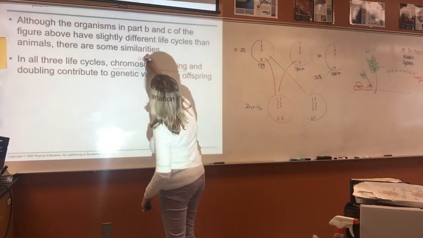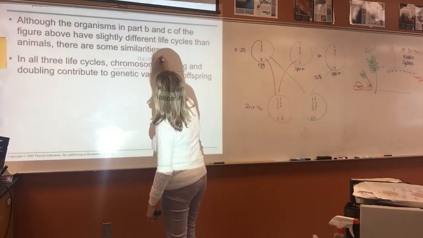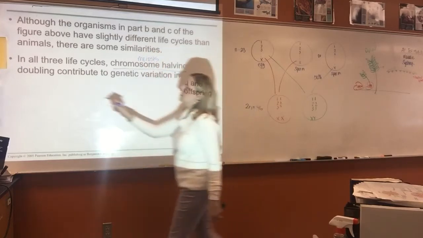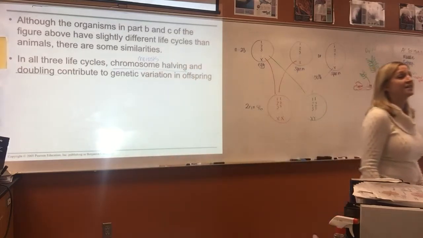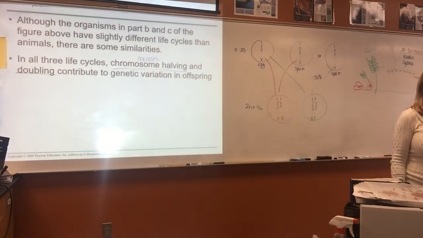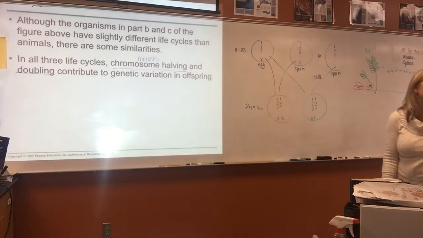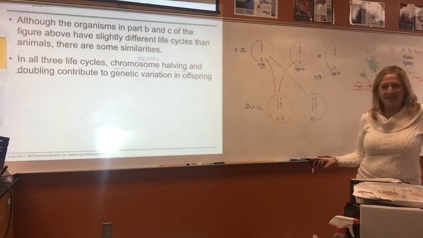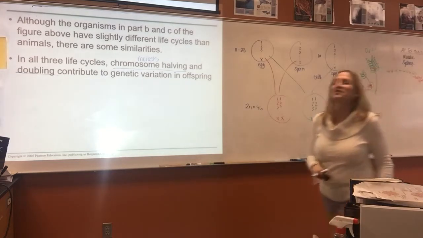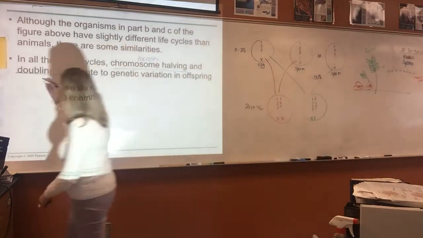Meiosis, right? Meiosis reduces the chromosome number by half. And then the chromosome number also doubles in each of these life cycles. That's not mitosis. In mitosis, they already have 2 of every kind of chromosome, so mitosis doesn't double your chromosome number. It's fertilization, when the gametes come together, that doubles it.